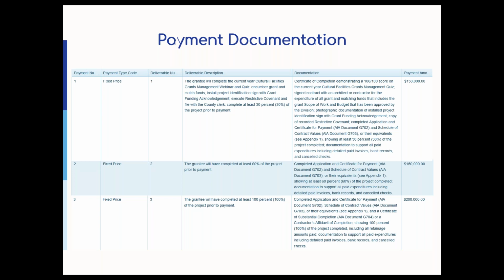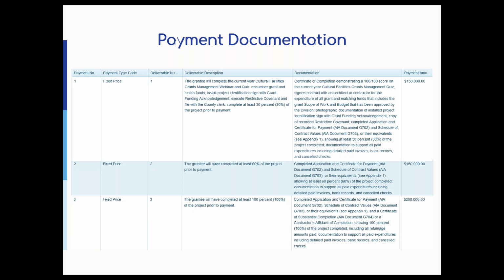All payments require a completed application and certificate for payment, which is an AIA document G702, and a schedule of contract values, which is an AIA document G703 or the equivalent. So not every contractor uses the AIA documents. You can submit something that is its equivalent. I have some examples in some future slides.